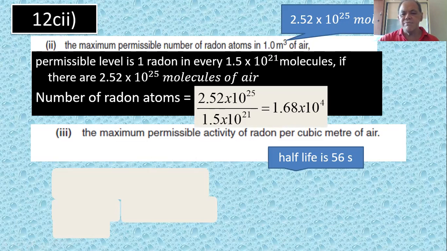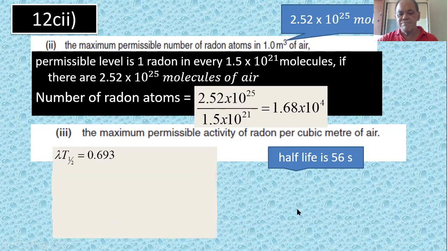Maximum permissible activity of radon per meter cube. Half-life is given. Right? They asked you for the relationship earlier: A equals n lambda. So now we will be using it. From the half-life, from your data sheet, we calculate lambda: 0.693 over the half-life, 56.